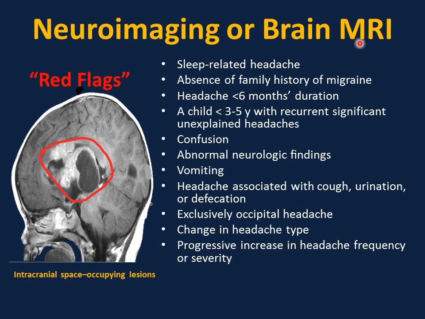Indications for brain MRI: headache that is sleep related, absence of family history of migraine, headache of less than 6 months duration or short duration, a child less than 3 to 5 years with recurrent significant unexplained headaches, confusion, abnormal neurologic findings, vomiting, headache associated with cough, urination or defecation, exclusively occipital headache or headache associated with neck pain, which is always abnormal, change in headache type, becoming progressive, or increase in headache frequency or severity.